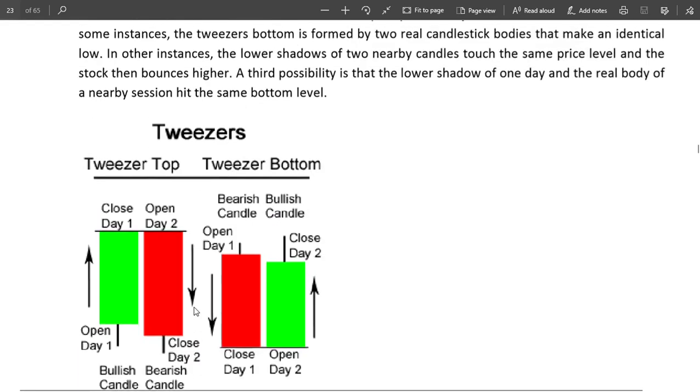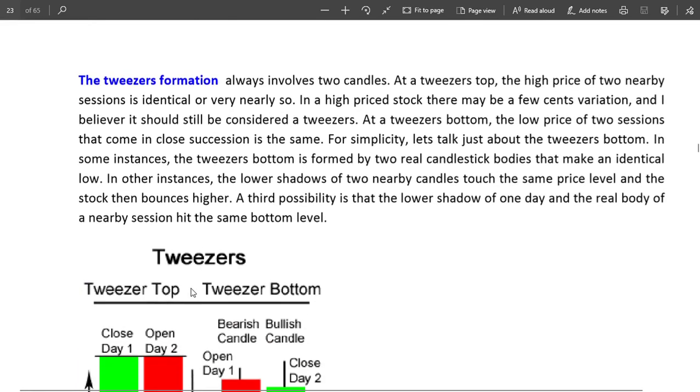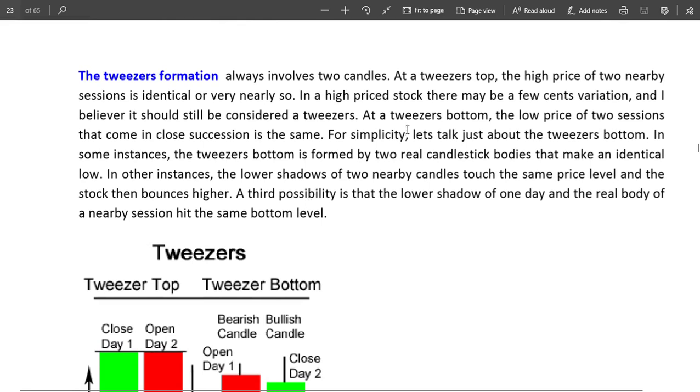Okay, let's read a little of this. At the tweezer bottom, the low price of the two sessions is the same. In some instances the tweezer bottom is formed by two real candlestick bodies that make an identical low. In other instances, the lower shadows of the nearby candles touch the same price level and the stock then bounces higher.